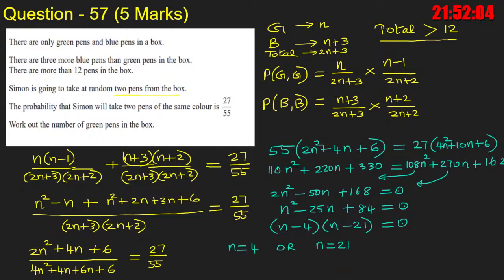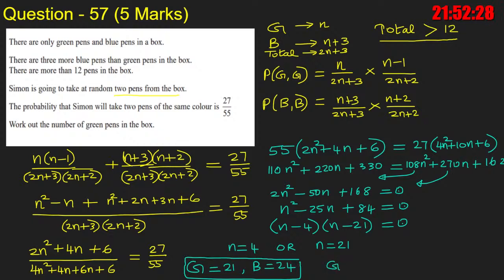So we can say green can be 21, comma, blue can be 21 plus 3 is 24. So this is one of the correct answers, right?